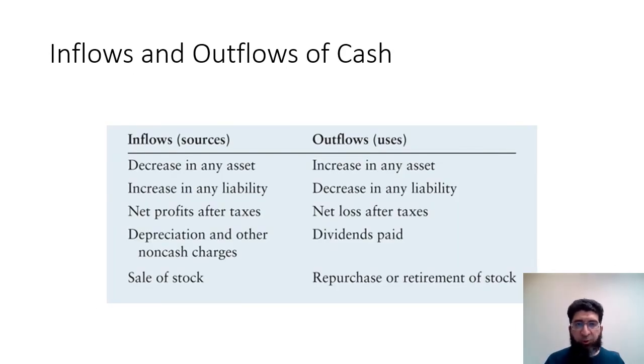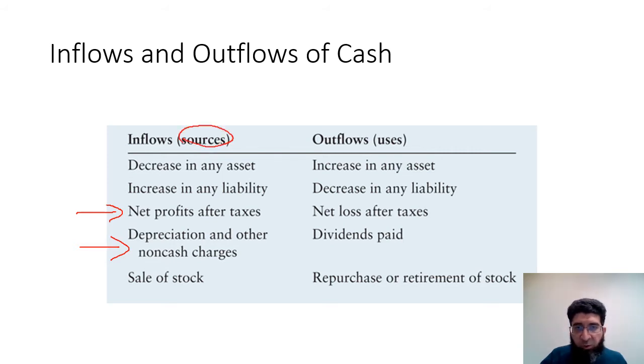Let's look at the snapshot of how inflow and outflow of cash works. So we always begin the cash flow statement with net profit after taxes. We always add back depreciation and other non-cash charges. And after this, each other account represents either inflows or outflows.